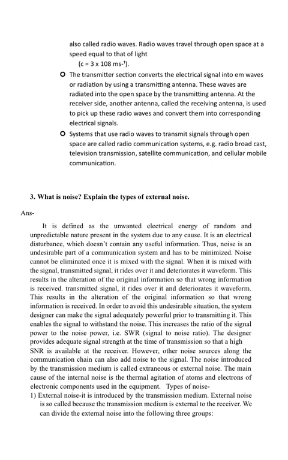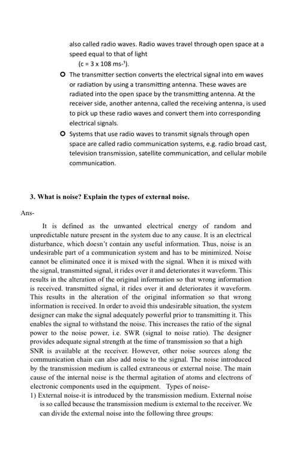The transmission section converts the electrical signals into EM waves or radiations by using a transmitting antenna. These waves are radiated into open space by the transmitting antenna. At the receiver side, another antenna called the receiving antenna is used to pick up the radio waves and convert them into corresponding electrical signals.